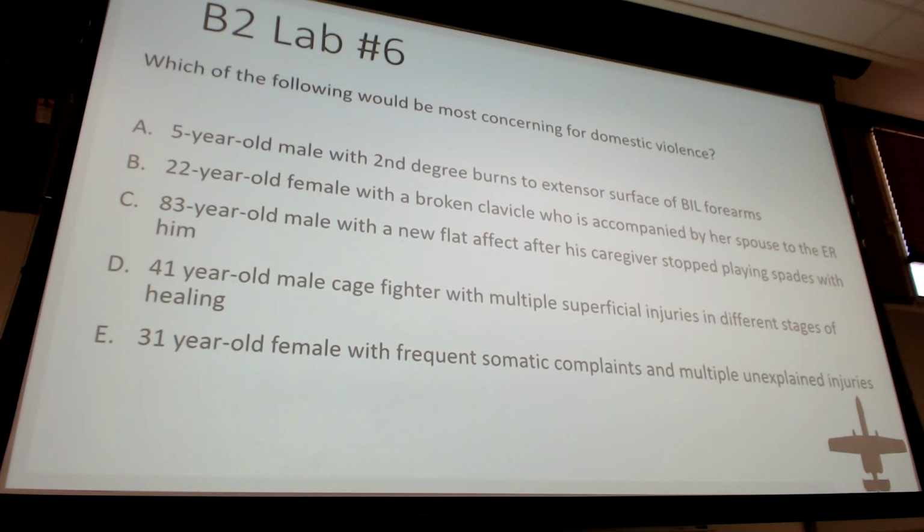What could be a reason she's coming to you? She has multiple unexplained injuries, but she's coming to see you with somatic complaints. She's giving you the opportunity to ask. Exactly. So she's not going to rat herself out.